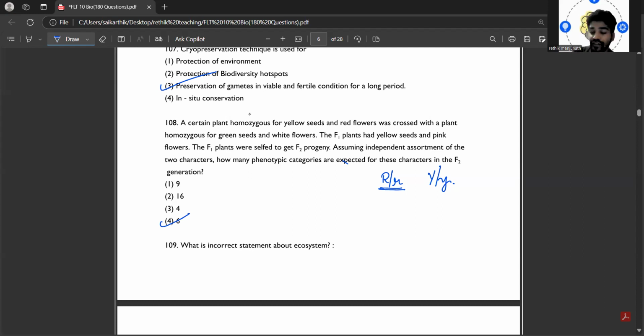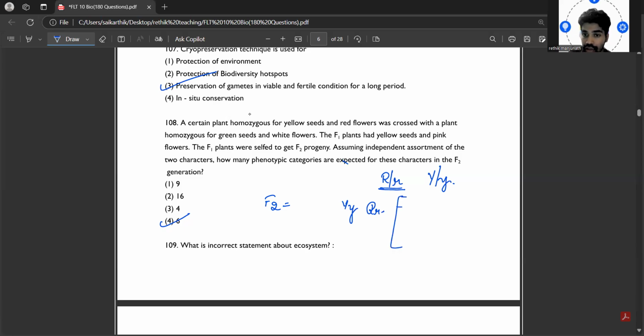So when they are self-crossed, as a result, the F2 generation will exhibit independent assortment of the two genes. So for seed color, what happens? Yy and Rr, you will get six varieties.